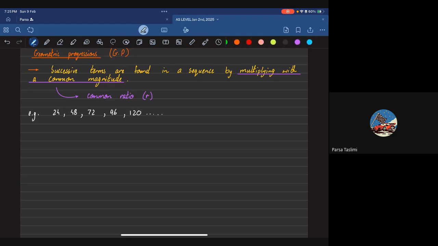It is very common knowledge to me that the terms are increasing by multiplication of 2. There's an increase in every term by simply multiplying the previous term by 2. And this right here is going to be your r, which is your common ratio.